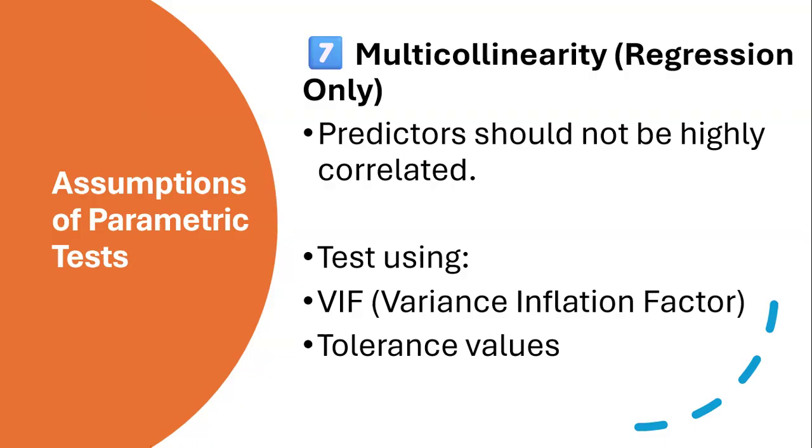For VIF, the threshold for determining whether there is the presence of multicollinearity is that the VIF score should be less than 10. It should be less than or equal to 10. But in a stricter circumstance, some statisticians contend that we should subject it to a threshold of being less than 5. Okay.